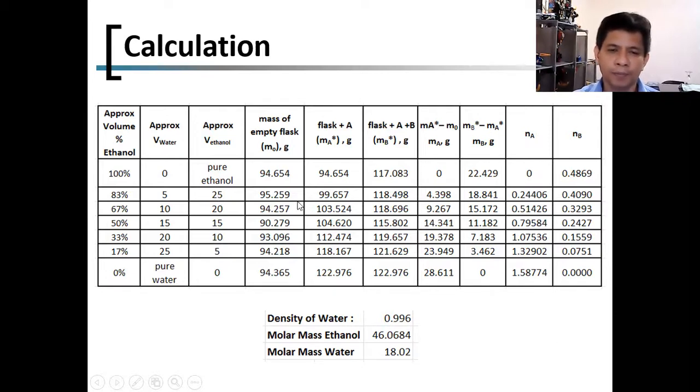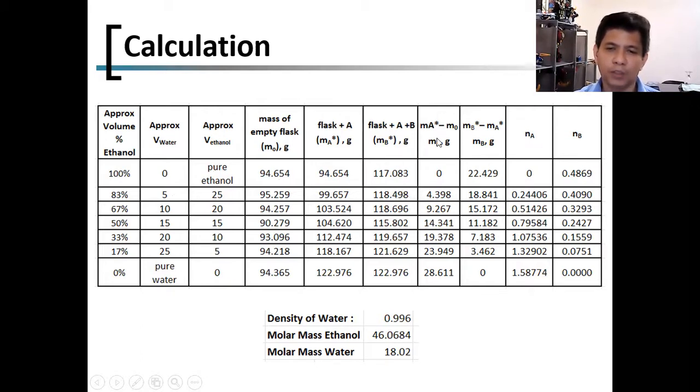Now, in this example, for the second row, the mass of the empty Erlenmeyer flask is 95.259 grams. When you add 5 ml of water, it becomes 99.657 grams. And when you add 25 ml of ethanol, the weight is now 118.498 grams.